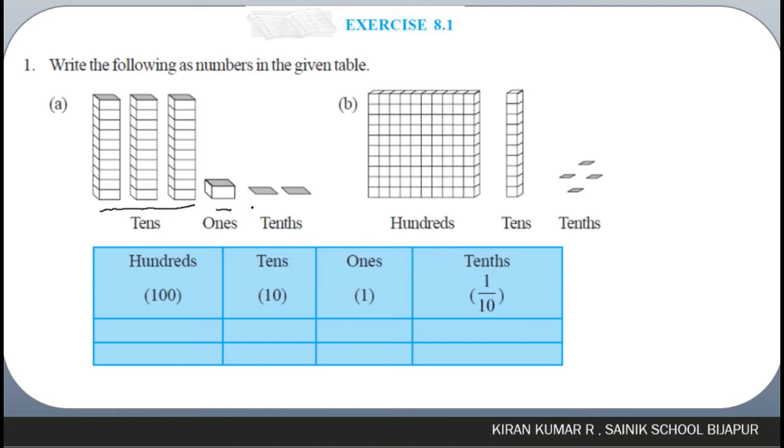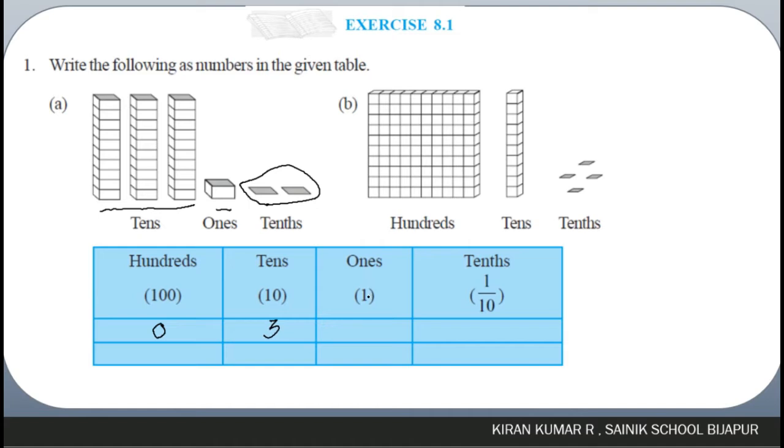Here this indicates ones, and here this indicates tenths. If you observe it, in the first one, how many hundreds are there? There are no hundreds. In the next one, we have got how many tens are there.